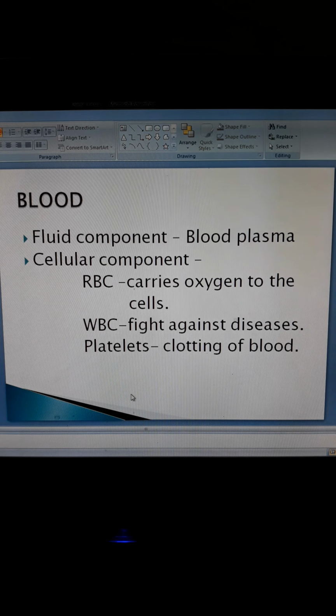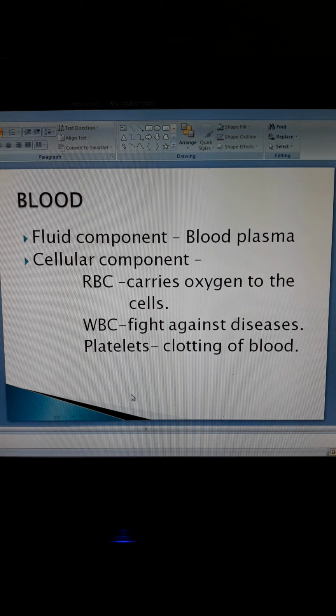Red blood cells carry oxygen to the cells, and this way the food is oxidized to get energy. Then WBCs help in fighting against any disease. So if any kind of germ or foreign particle tries to enter our body, they help our body to fight against that.